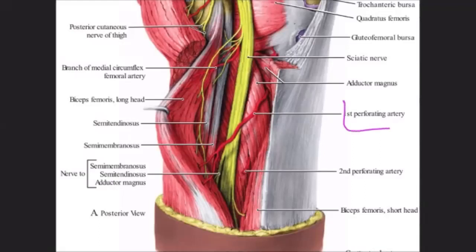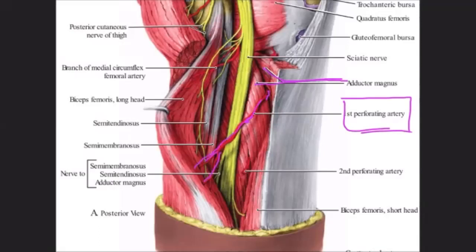Okay, you see, this is the first perforating artery. This one, see, this is the adductor magnus, piercing it, supplying the flexor aspect.